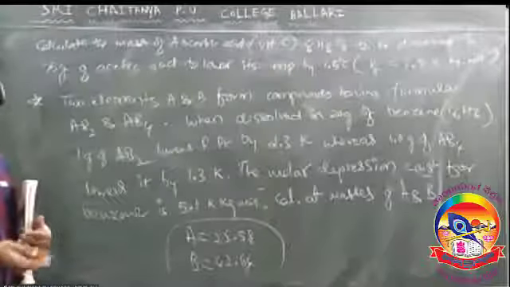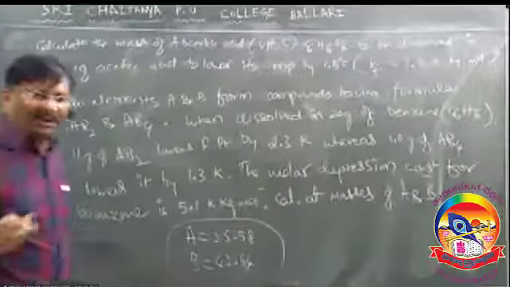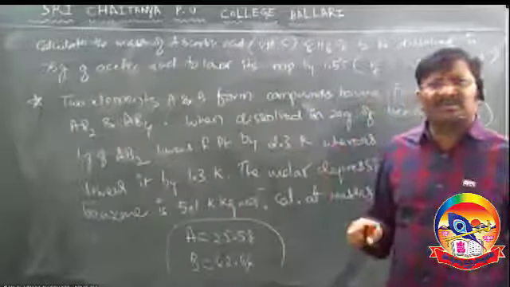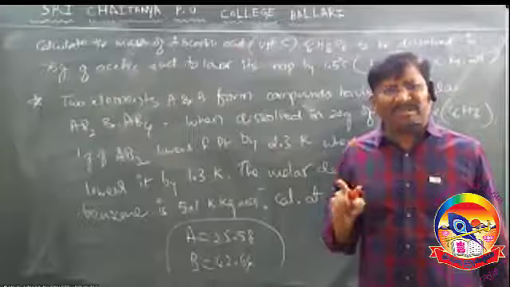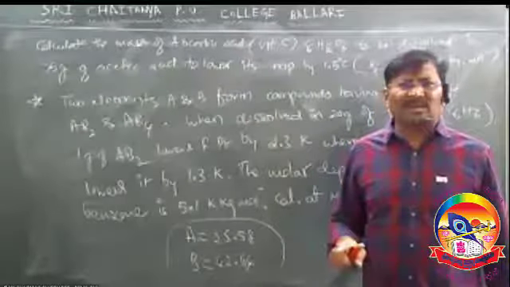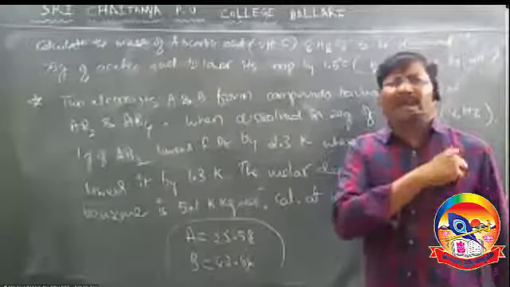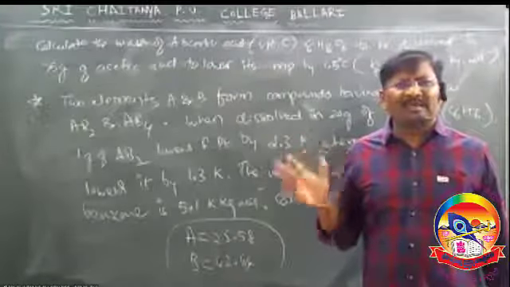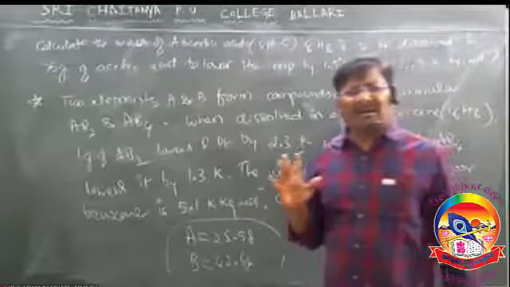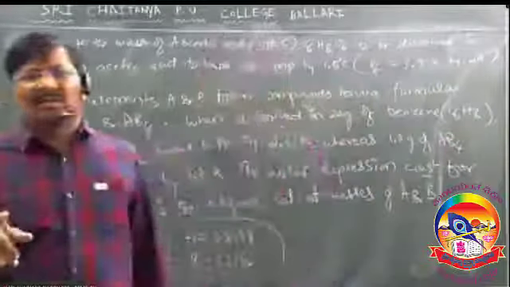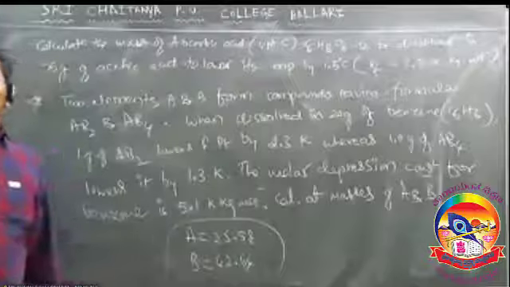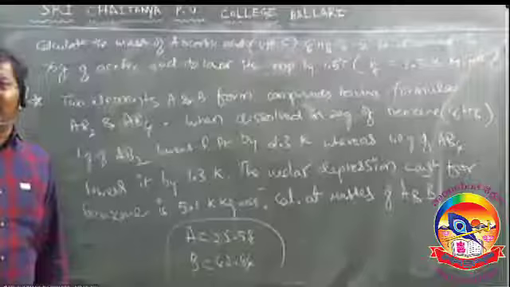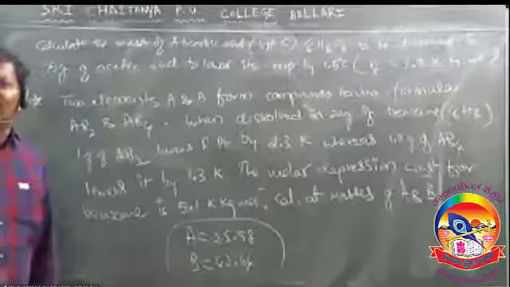For this weekend, all concentration methods from track 1 and Henry's law, again you study, because all are direct questions. The minimum mark is 180 in NEET, that will be easy because you have a lot of time.